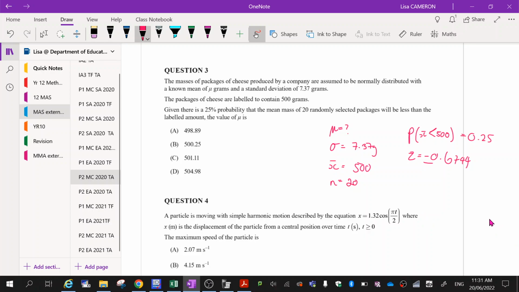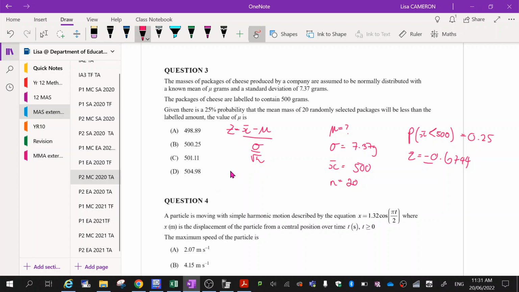So that's the one where you have z is equal to the sample mean minus the mean over the standard deviation. Now, in this case, we're going to be calculating like this. So z is equal to the value minus the mean, which we don't know, over our standard deviation, but we're looking at our sample, so we're going to have to use the sample standard deviation, which is going to be this over the square root of n.